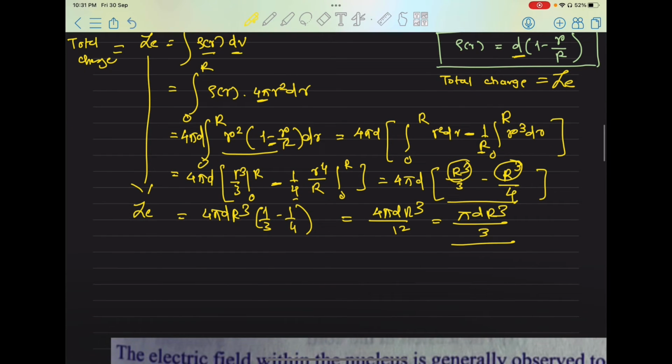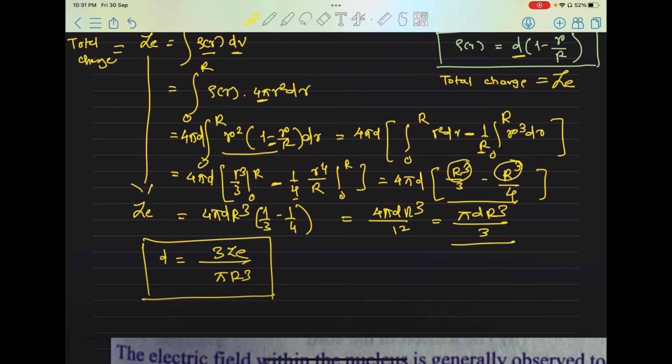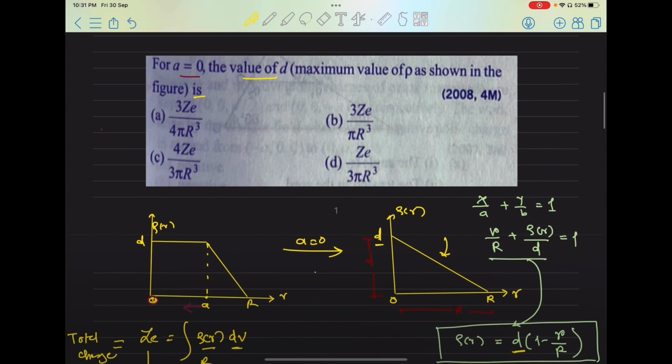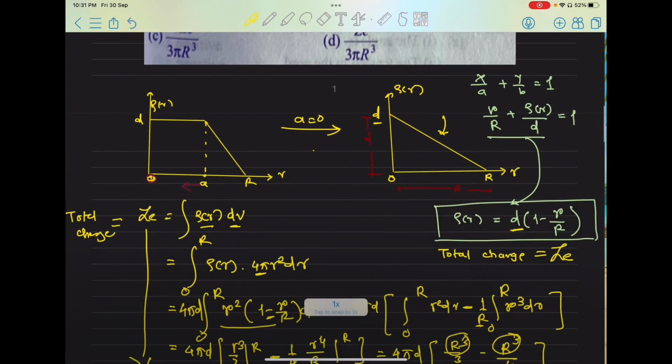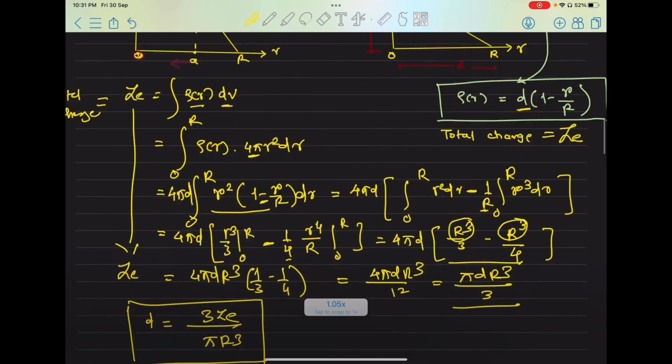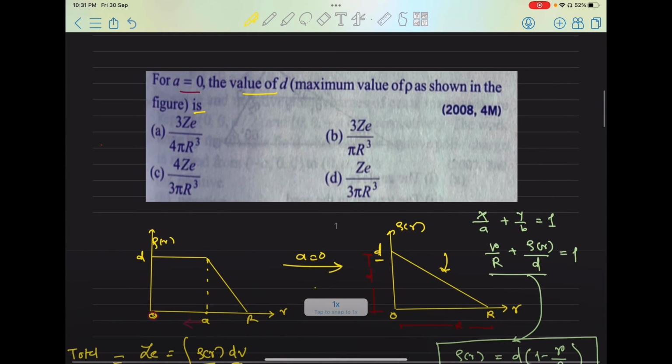Now we can get the value of D that is required in the problem. So 3ZE upon pi r cube is nothing but D, and which is in the options. What was the answer again? 3ZE upon pi r cube. So the second option is correct in this case.